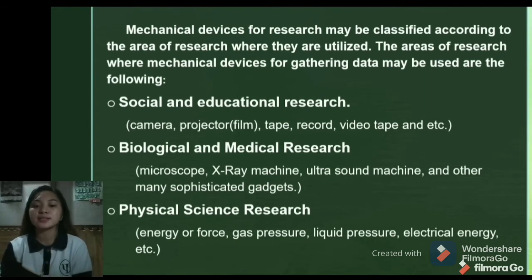The second is the biological and medical research. The most common examples are the microscope, X-ray machine, ultrasound machine, and other sophisticated gadgets. The third is the physical science research. There are machines that measure energy or force, gas pressure, liquid pressure, electrical energy, and so on.